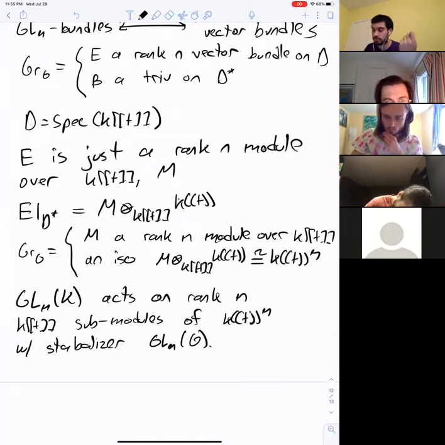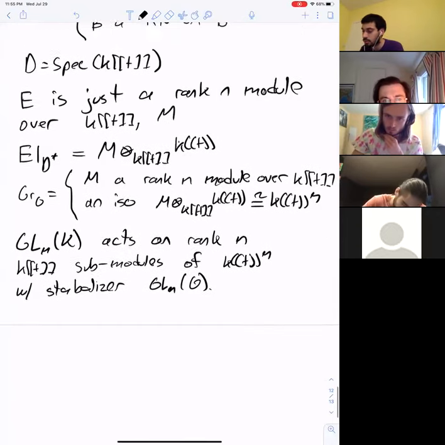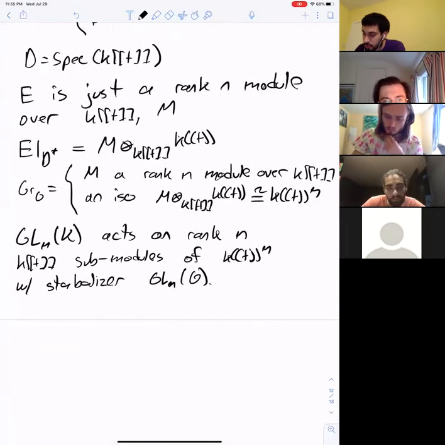And if you pick, say, the trivial lattice, just power series to the nth power, the stabilizer of that one will be GLN O. So we recover our first definition.